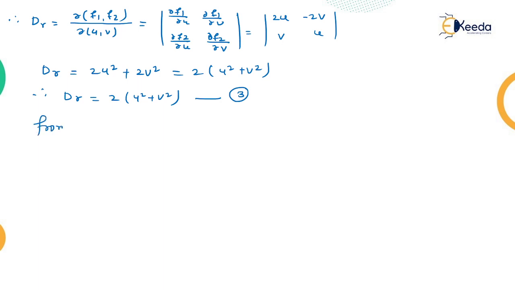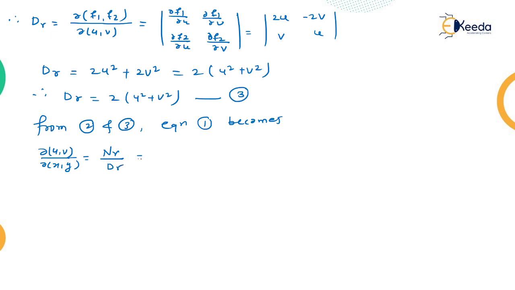So from equations 2 and 3, equation 1 becomes, what is equation 1? The Jacobian of u, v with respect to x, y becomes minus 1 raised to the power of numerator upon denominator. The numerator is 2 in brackets x square minus y square, and the denominator is 2 in brackets u square plus v square.